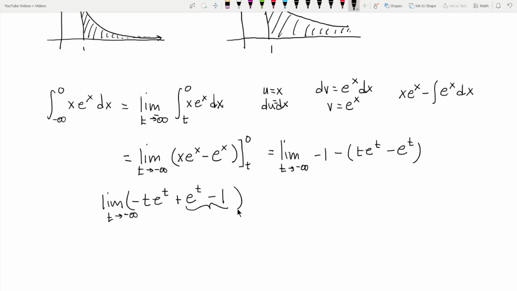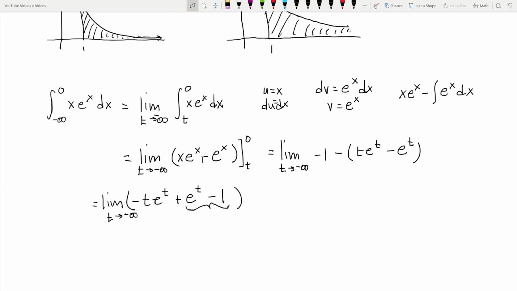Okay. So what I was about to say was this half here under the little squiggly bracket is no problem. All right, because as t goes to negative infinity, e to the t goes to 0, which means that second half is going to negative 1. What I have to check is the remainder of this.